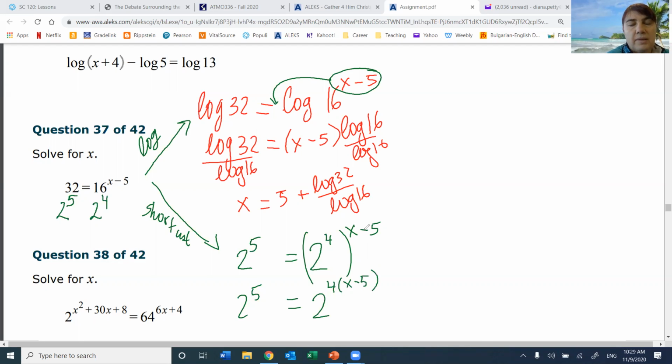Then multiply them. Because the bases are the same, this means that 5 equals 4x minus 5. And then it's a little easier to solve. Minus 20. So is it 25 equals 4x?